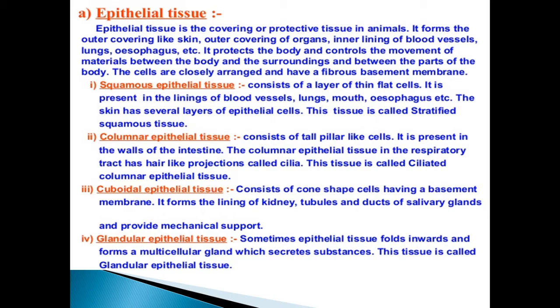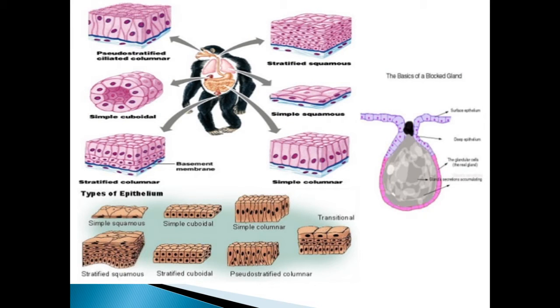This tissue is called glandular epithelial tissue. So this is the position of epithelial tissue. For example, in lungs, simple squamous epithelial tissue, and in intestine, simple columnar epithelial tissue.